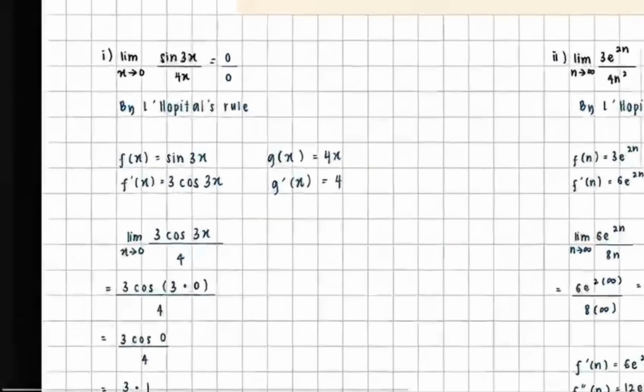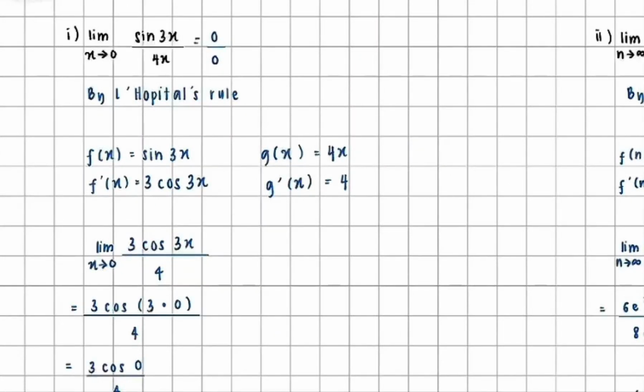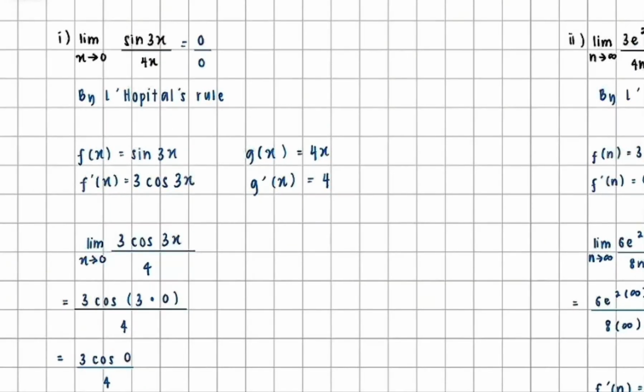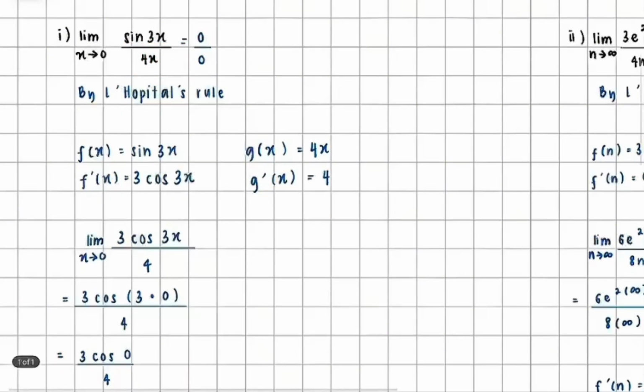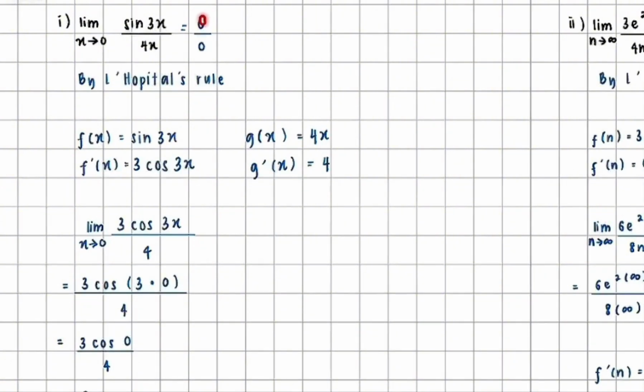So for question 1, the limit is x approaches 0 of sine 3x over 4x. When x approaches 0, sine 3x goes to 0 and 4x also goes to 0. So this limit is in the indeterminate form 0 over 0.